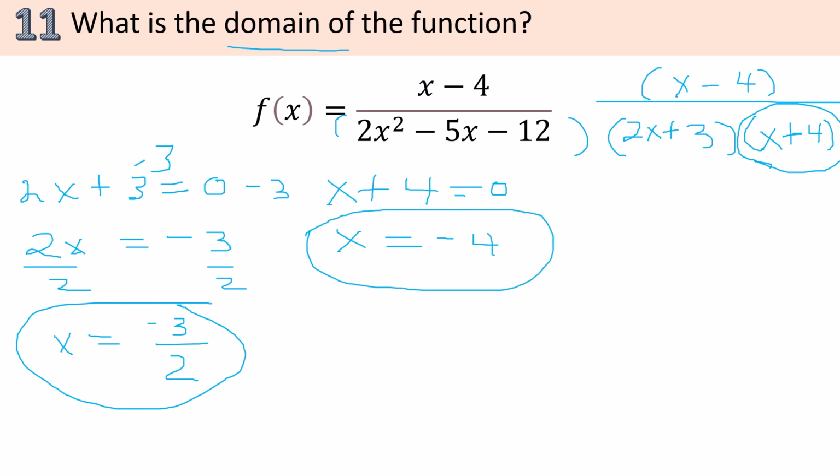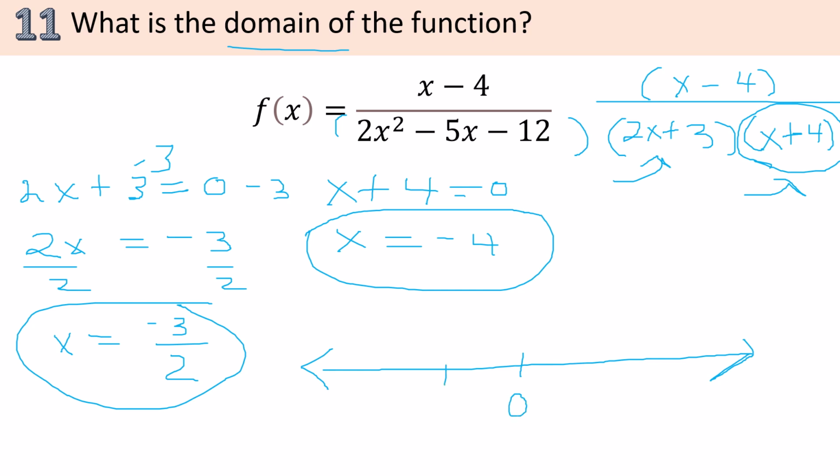All right, so we have these two points that we're looking at, and we know that if those are equal to 0, we're going to have holes or asymptotes. So we're going to put those numbers on a number line. I'm just going to quickly sketch this. This is 0.